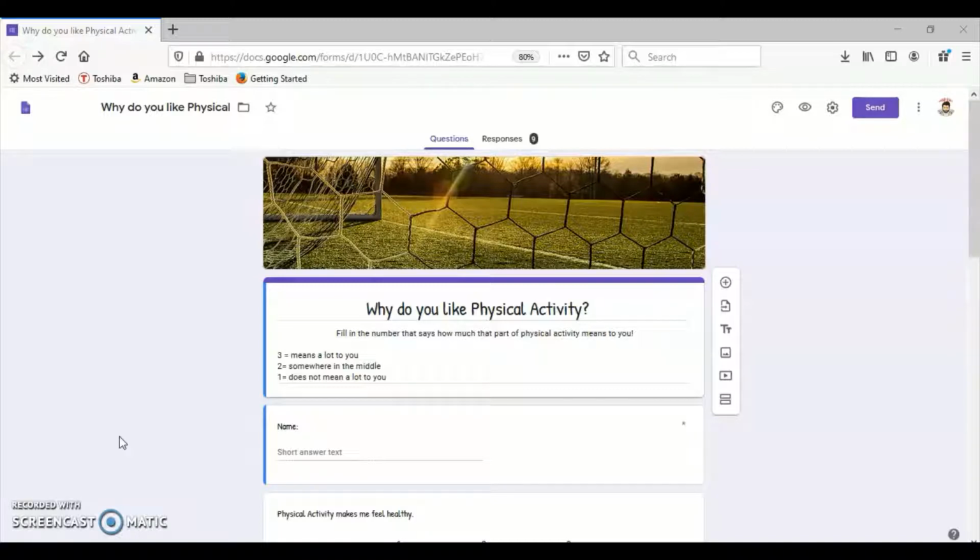I feel that it was easy for the students to achieve the outcome of explaining the reasons why they participate in physical activity, because they were able to understand the assessment tool, and I could explain it easily. I feel that it gave them something to think about, why they do physical activity, because you do it, but you don't always think about why.